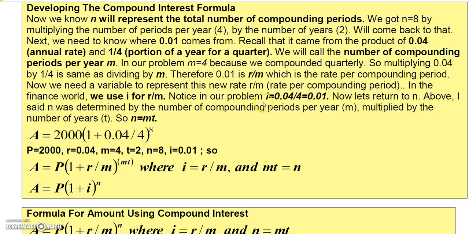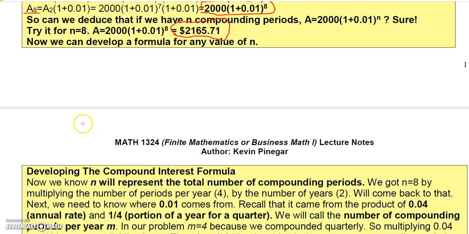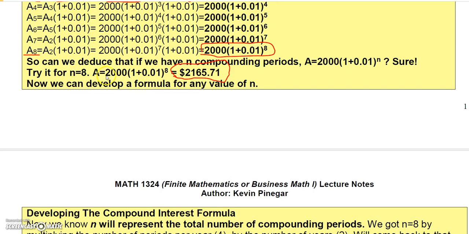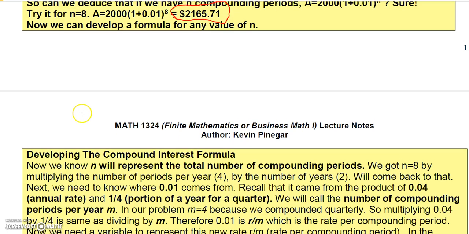Now let's return to n. Remember, I said n was determined by the number of compounding periods per year, m, multiplied by the number of years. So n is m times t. Go back to the formula that I had. Remember, I told you up here that I got the answer by just taking 2,000 times 1 plus 0.01 to the 8th.